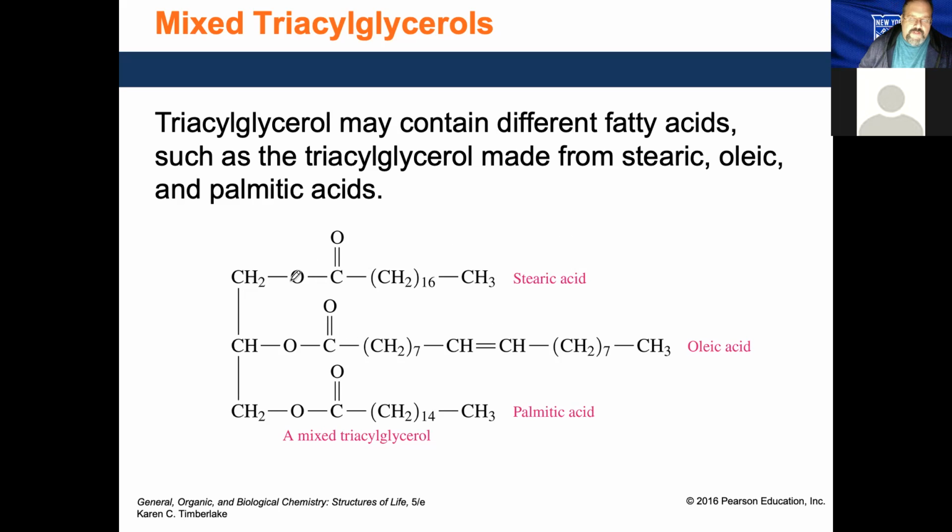You could change up the overall order, not for the ones where the three fatty acids are the same, but for the mixed triacylglycerols. You could have different arrangements of connectivity. It's really prevalent if you have two of the same and one different, because the two that are the same could be in consecutive rows, or in row 1 and row 3, where the odd one is in the middle.